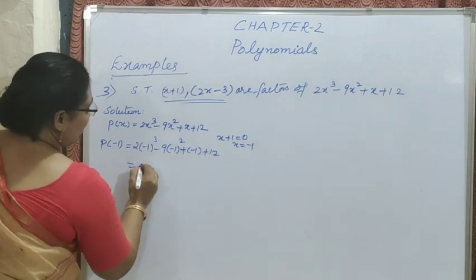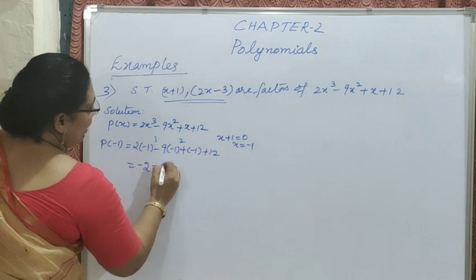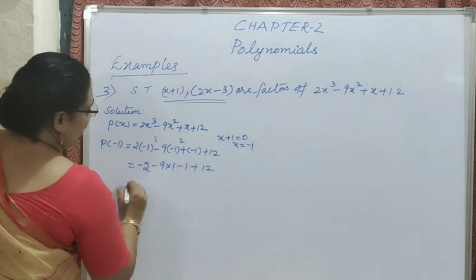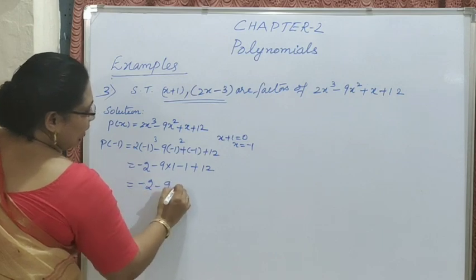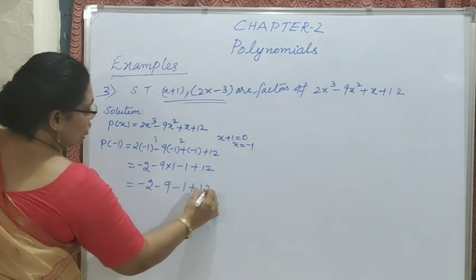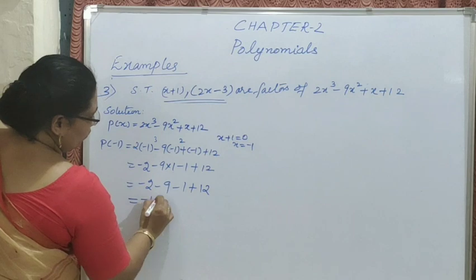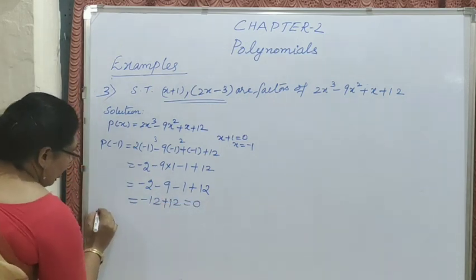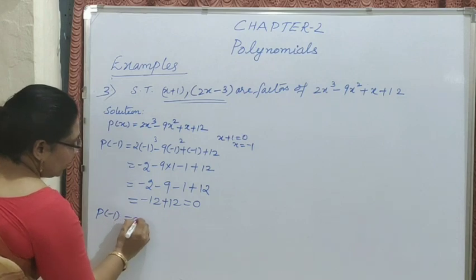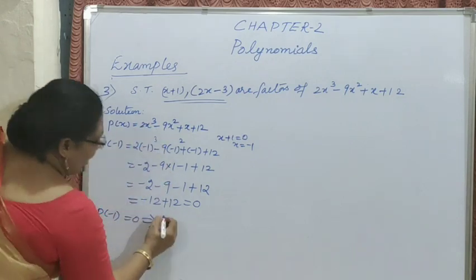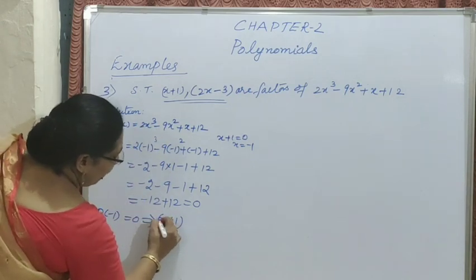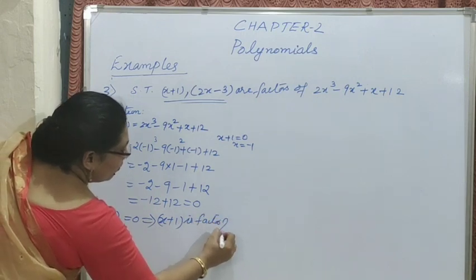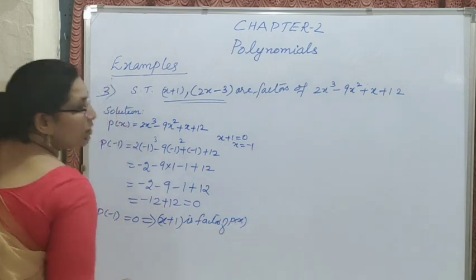So 2 into minus 1 is minus 2, minus 9 into 1, minus 1 plus 12. That means minus 2 minus 9 minus 1 plus 12, that is minus 12 plus 12 equal to 0. What are we getting there? p of minus 1 equal to 0 implies x plus 1 is a factor of p of x. This is the first part.